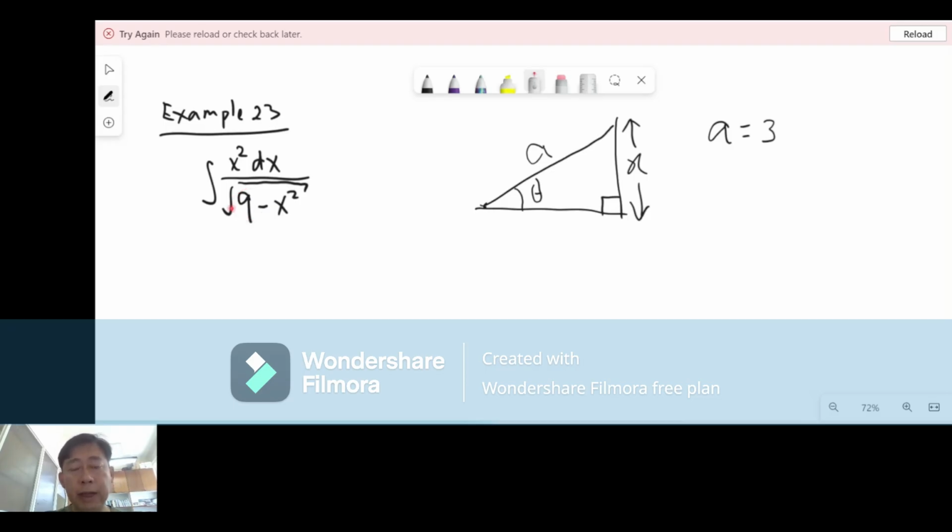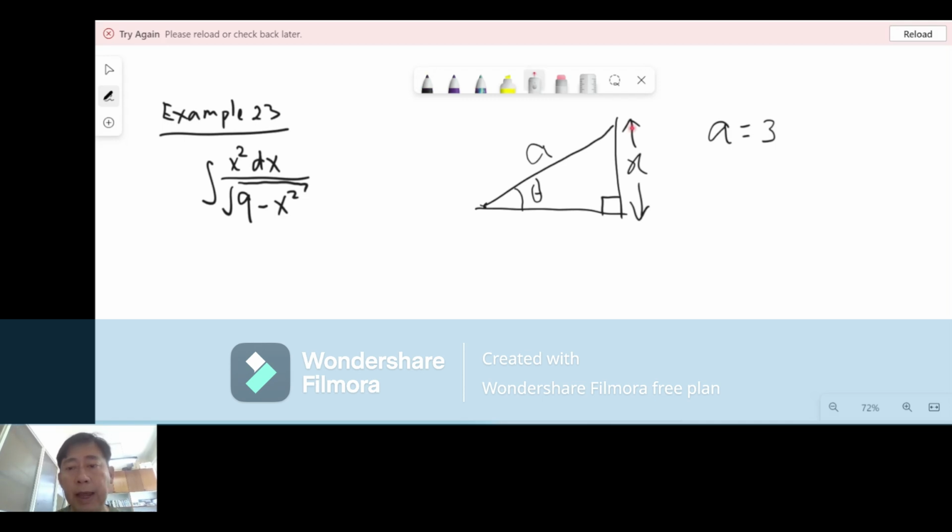So I'm going to write down the relationship between the hypotenuse, the height x, and the angle in the generic expression of a. But later I'm going to substitute a equals 3 back into my expression to obtain the full solution for this integration.